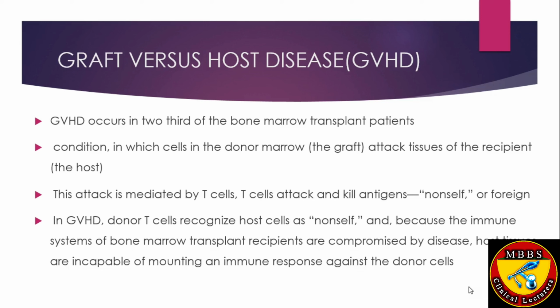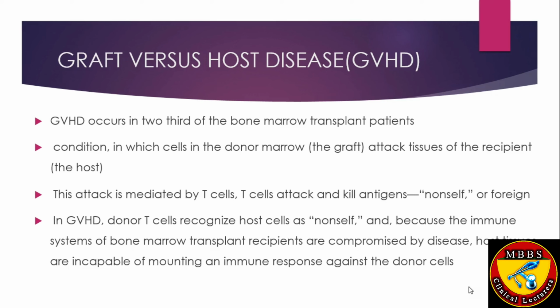This attack is mediated by the T cells, and as I have told you, if they are not able to differentiate between self and non-self, they will start killing them.